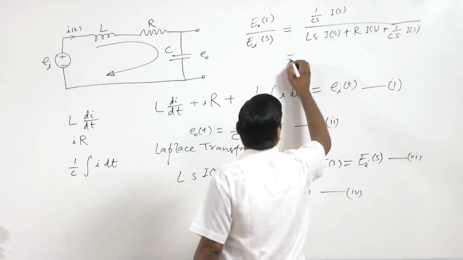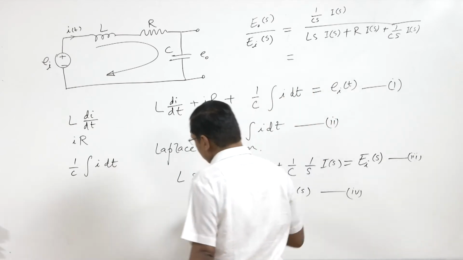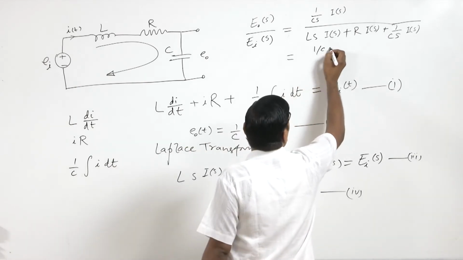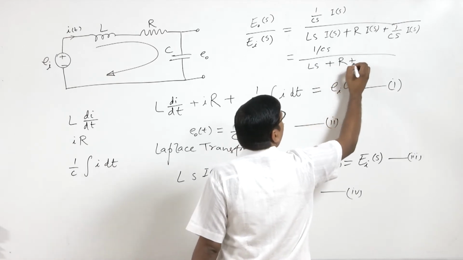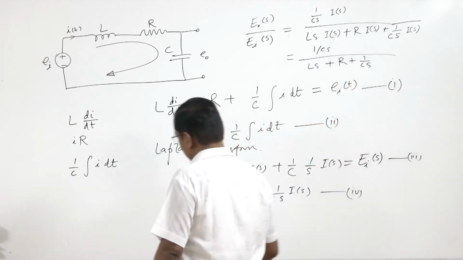So this we can write as 1 by Cs upon Ls plus R plus 1 by Cs.